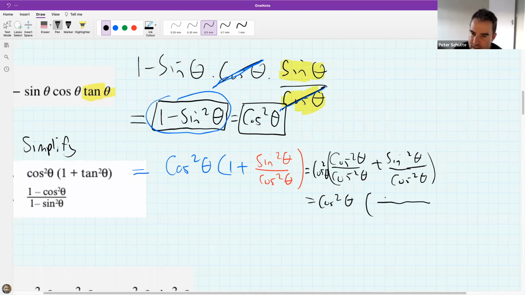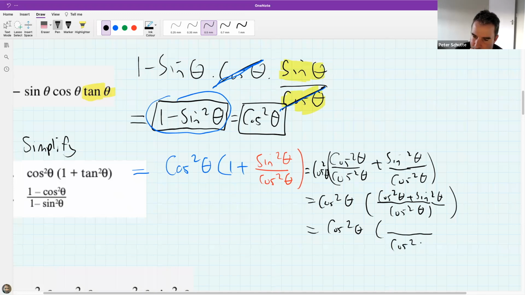And then did you go cos squared theta plus sine squared theta over cos squared theta? Yes. And then the cos squared theta inside the bracket will cancel out, and it's going to leave us with sine squared theta over cos squared theta.